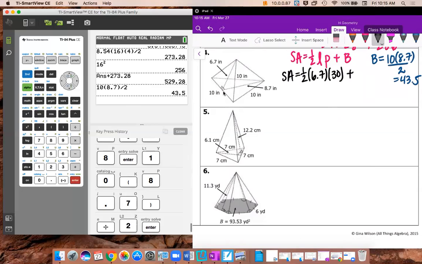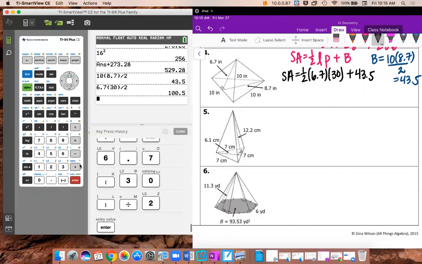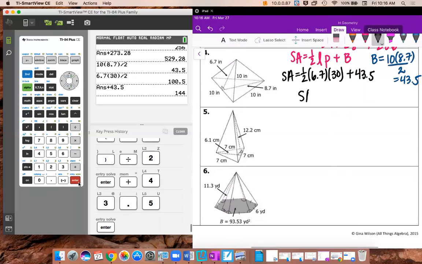And then we're going to add to that the area of the base, which is 43.5. Okay, so we've got 6.7 times 30 divided by 2, so 100.5, and then we're going to add to that 43.5. So we get total surface area for this one is going to be 144 inches squared.